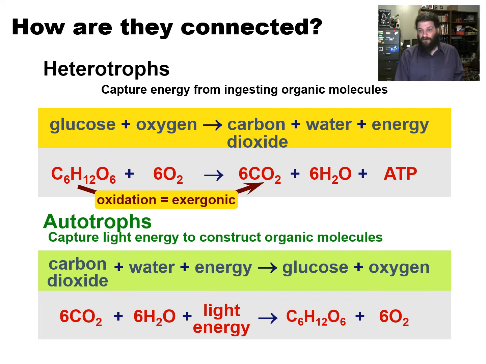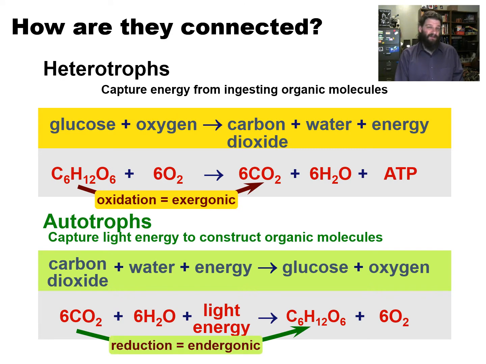So these autotrophs take the light energy and use that as the source of energy for the endergonic reaction of fixing the carbon dioxide, which is inorganic, into glucose, which is organic. And this is, like I said, it's not magic, but it's the chemistry that autotrophs are able to do in converting light energy into chemical potential.